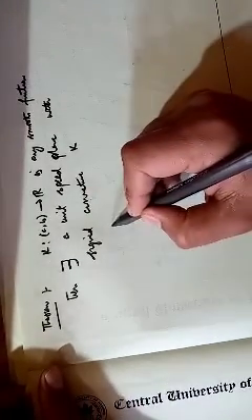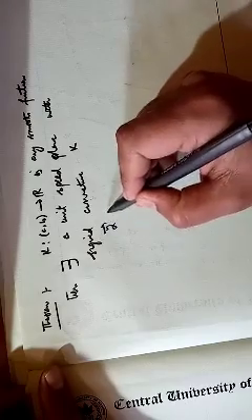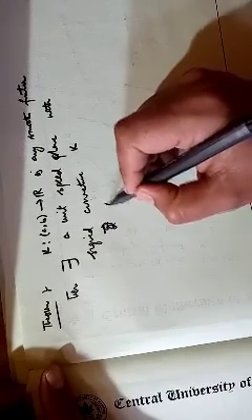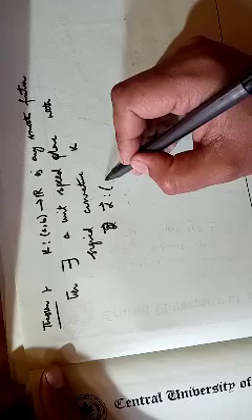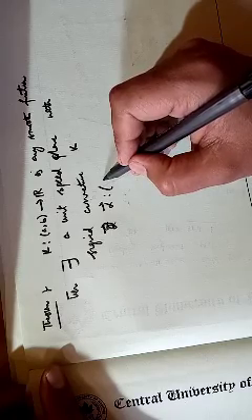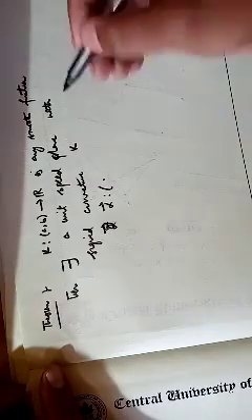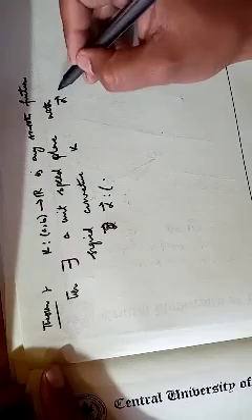Furthermore, it is unique up to a rigid motion. That means if you have any other curve alpha, first I mean to say alpha is the curve which has the sine curvature k.